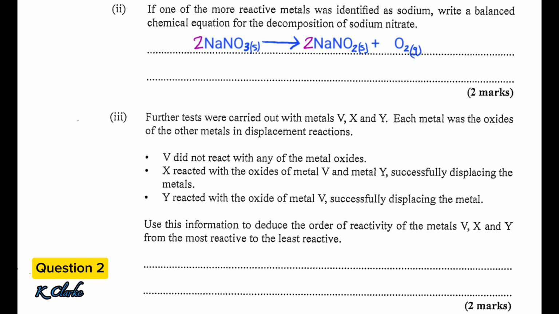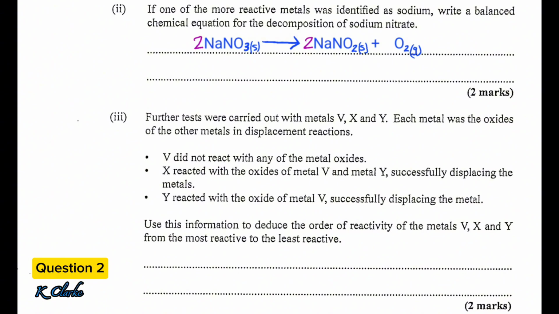Part 3. Further tests were carried out with metals V, X, and Y. Each metal was reacted with the oxides of the other metals in displacement reactions. V did not react with any of the metal oxides.